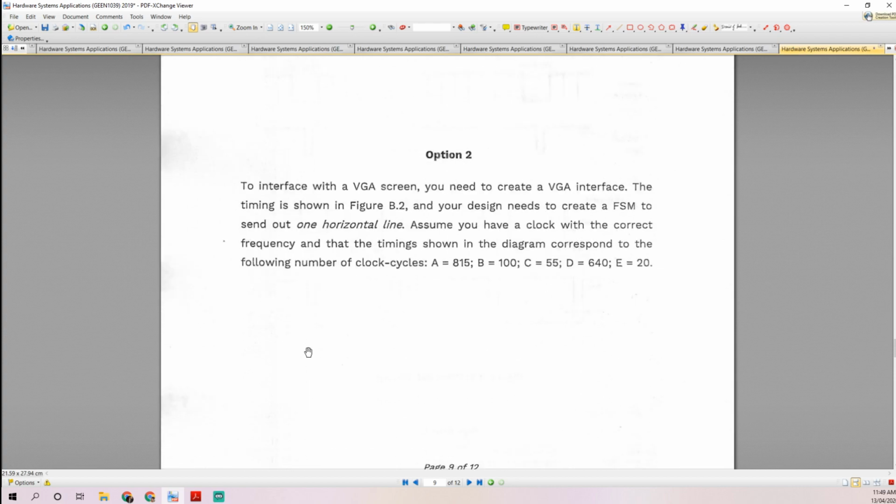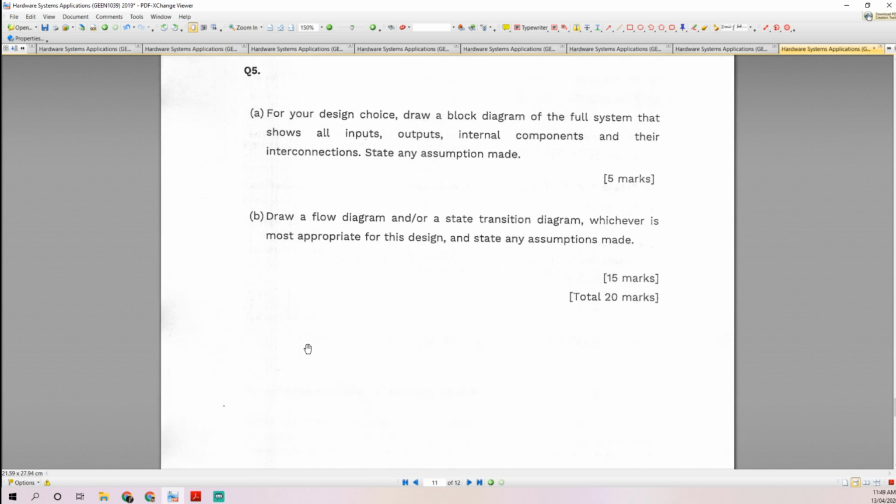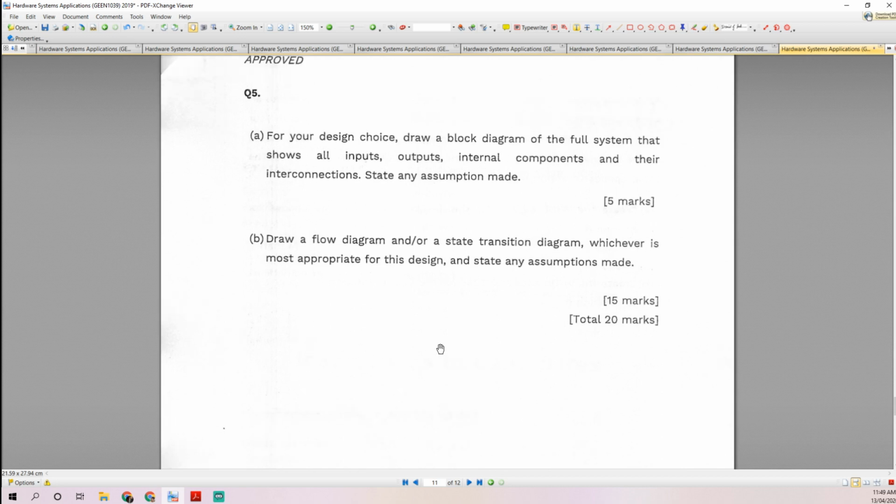All right, just going to skip over option 2 for now to look at what the questions look like. So question 5, first of all, asks us to draw a block diagram of the full system showing its inputs, outputs, internal components, and their interconnections. State any assumptions made. So essentially, for 5 marks here, we would be required to draw the schematic corresponding to the entity.